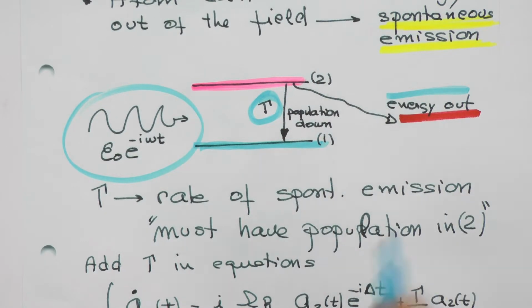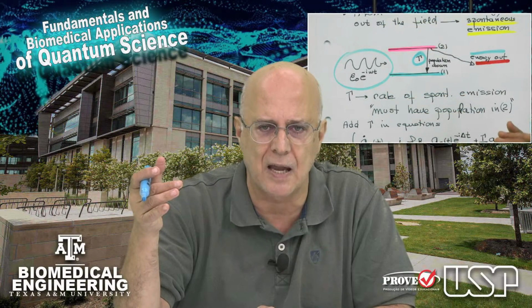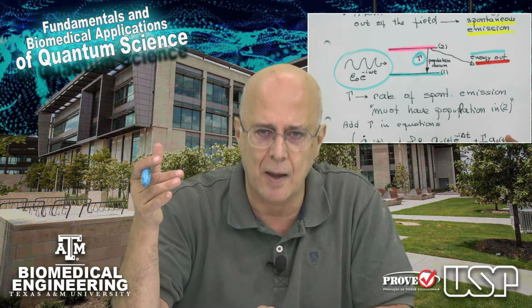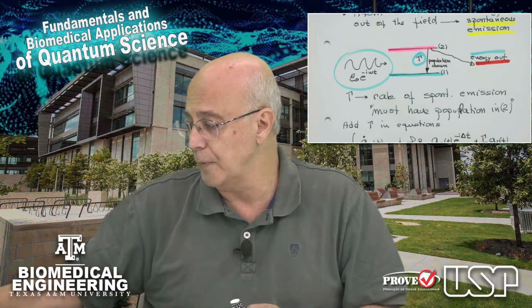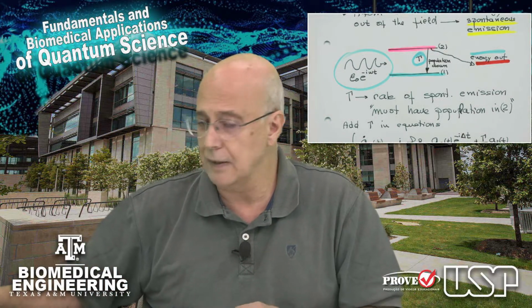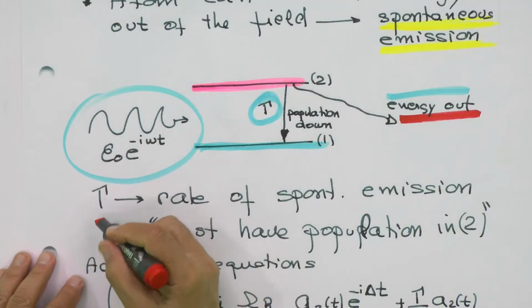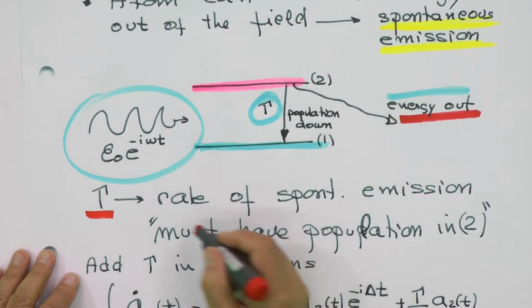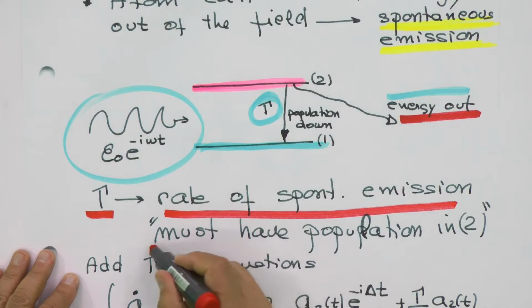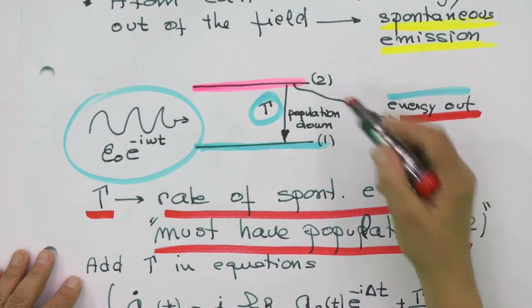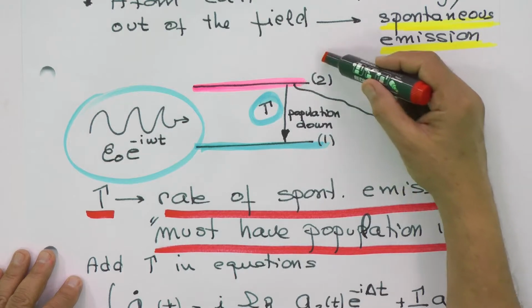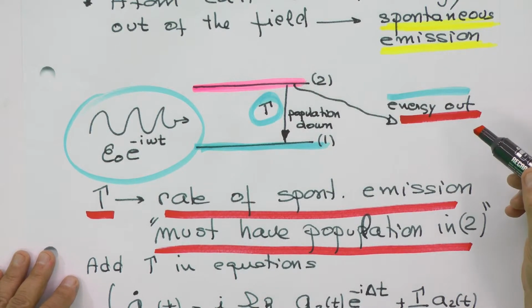That is a number of spontaneous emissions per unit of time that can happen. So we're going to add this rate of spontaneous emission, right? So add gamma, capital gamma, is the rate of spontaneous emission that must decrease the population of level 2 and increase the population of level 1.